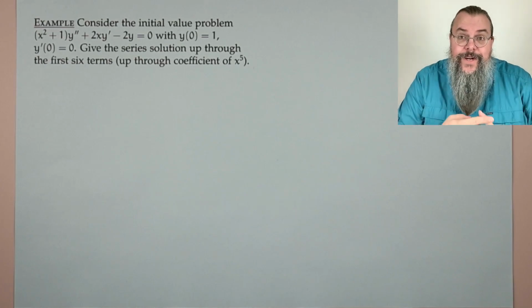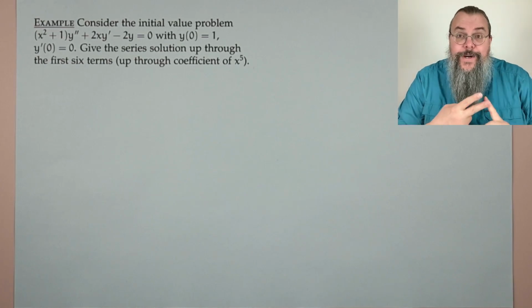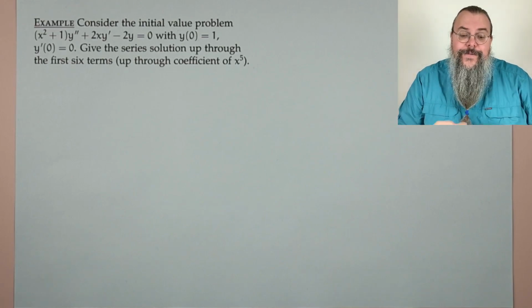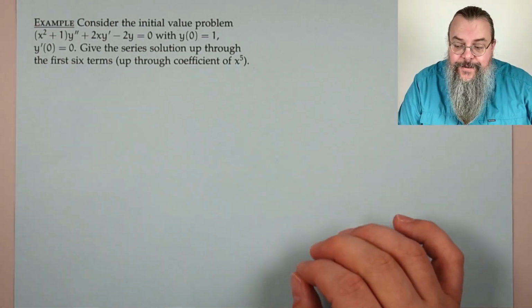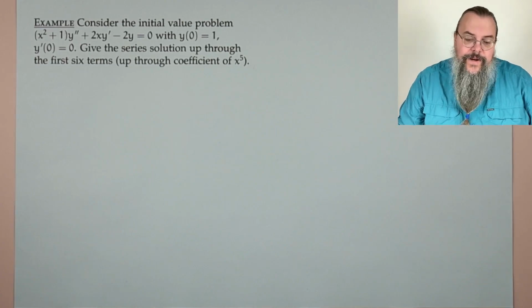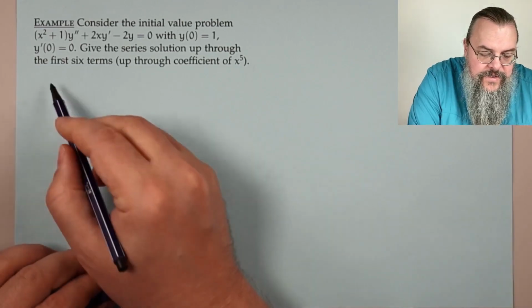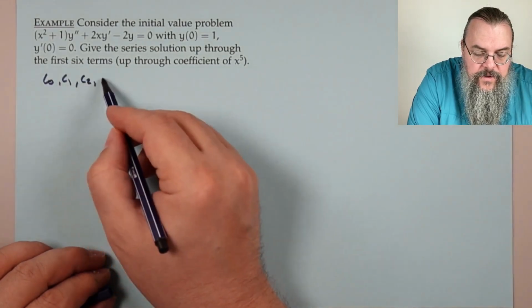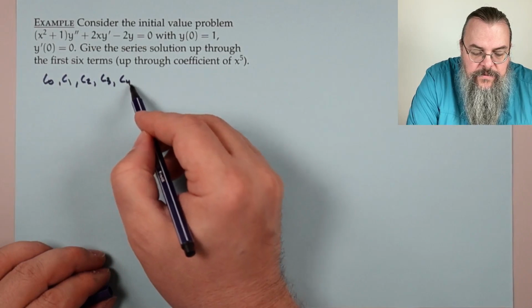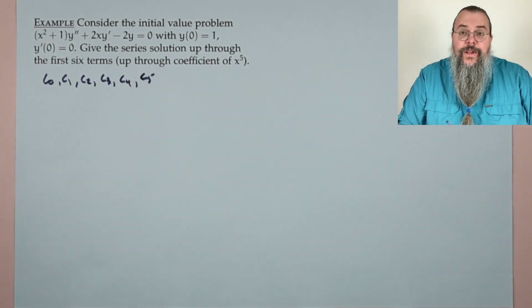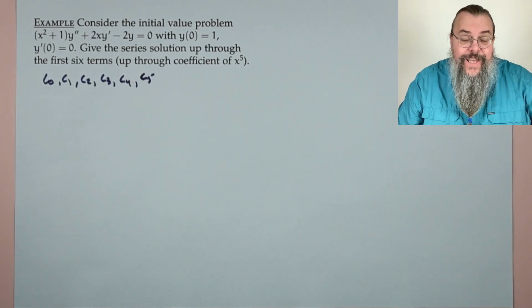So we're not going to try to find the solution. We weren't asked to find the recurrence, so we're not going to. We were asked to find up through the first 6 terms, so we're trying to find C0, C1, C2, C3, C4, and C5. We're going to split this into two camps.